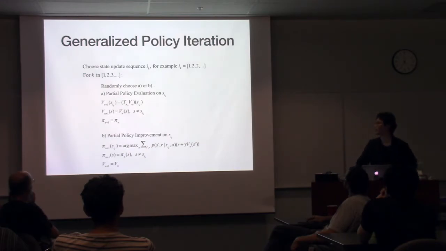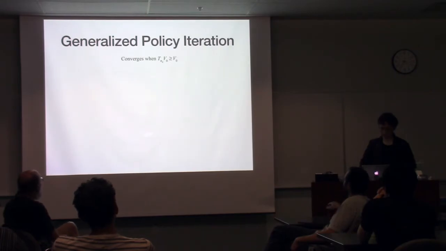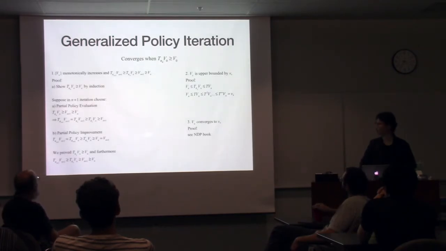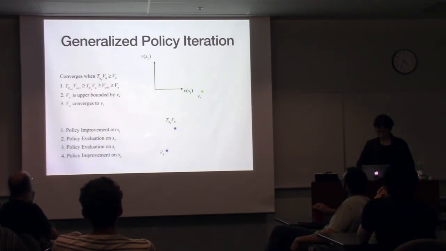We can think of GPI as the most general version of the algorithm, and it includes all the previous algorithms that we have covered, but it only converges under this assumption. Here is something you can check if you are interested. This is basically an animation of the GPI algorithm, but since I don't have time, I will not cover it.